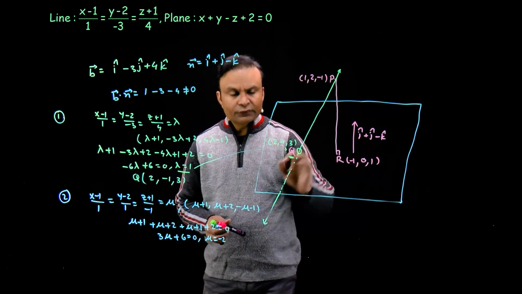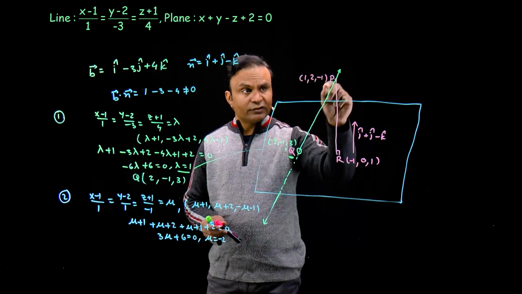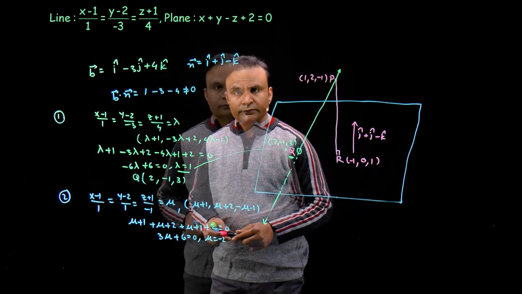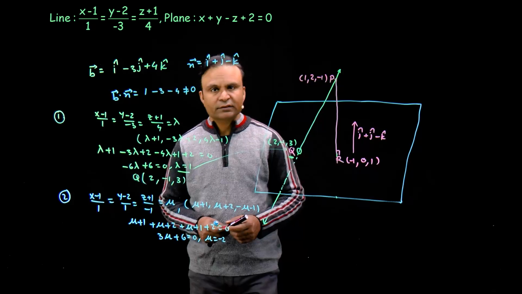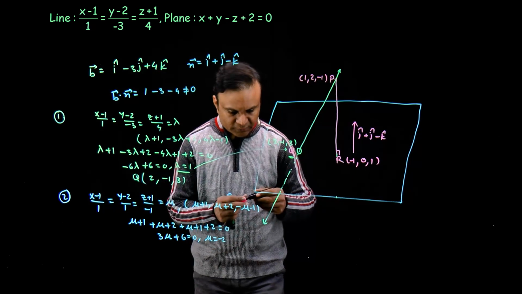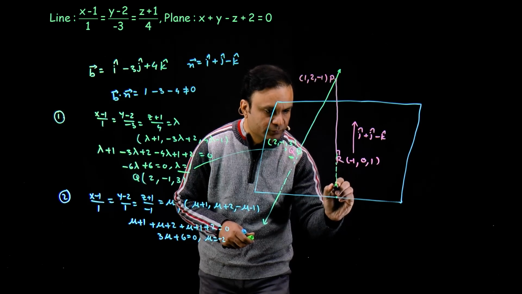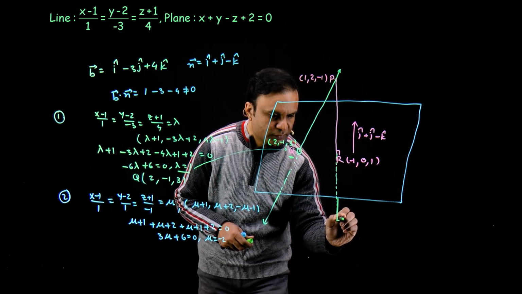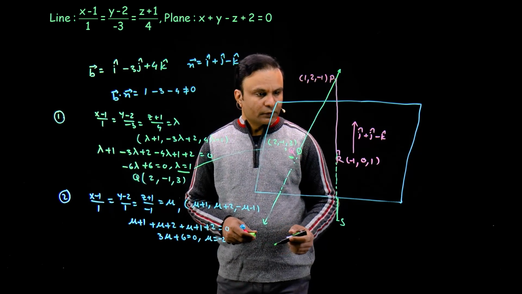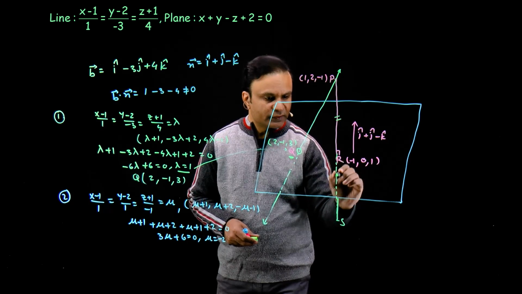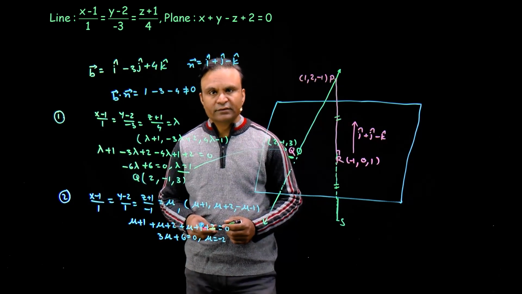Okay, after getting this foot of perpendicular, we can get image of point P in the plane. Now where will be image? Image will be here. Suppose this is image S, then distance PR is equal to distance RS.